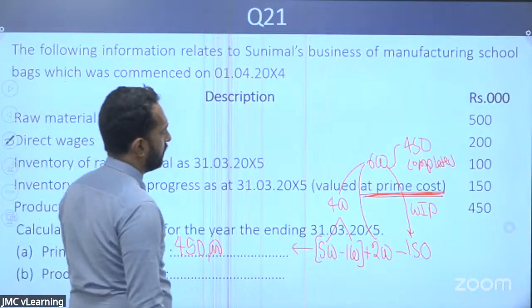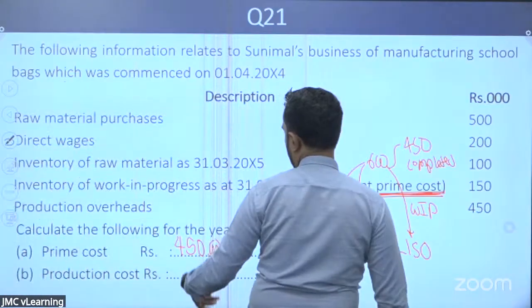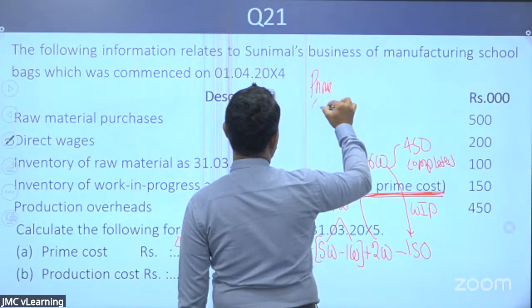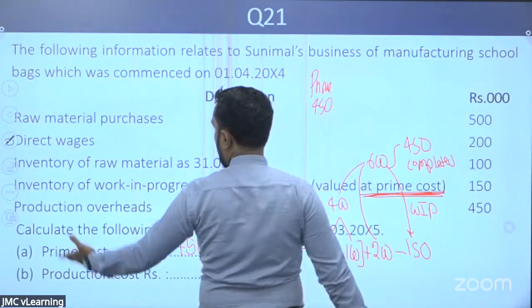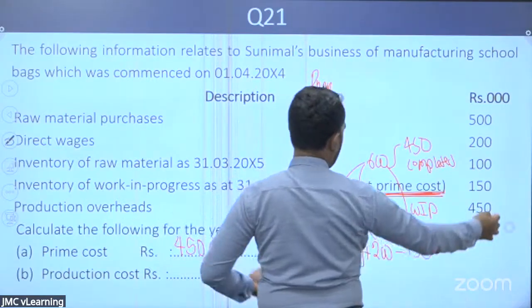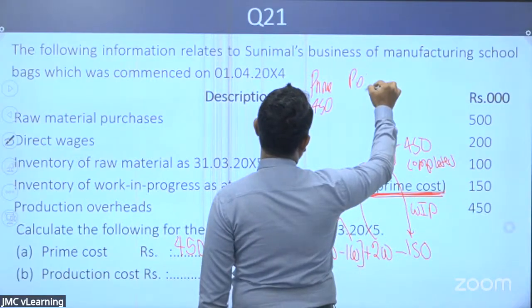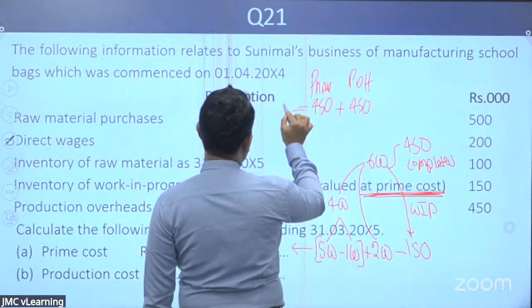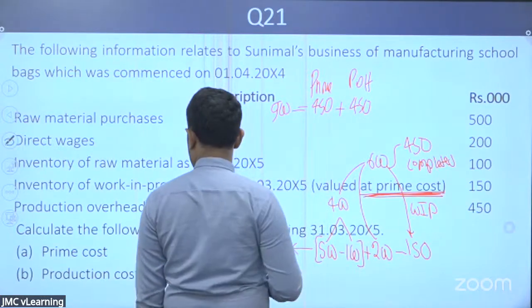Production cost. So my prime cost is 450 and the production overheads 450. So the total here would be 900.